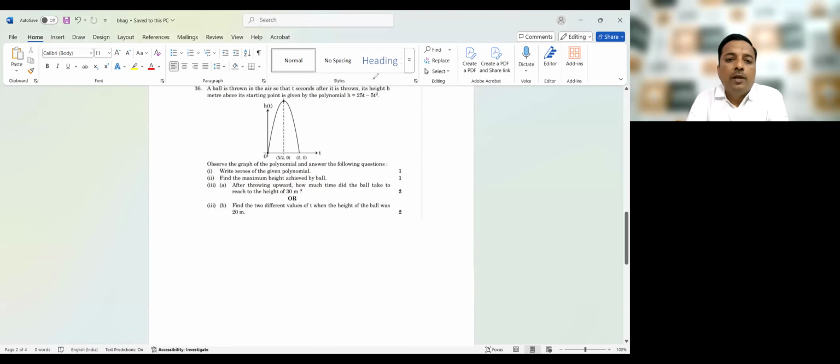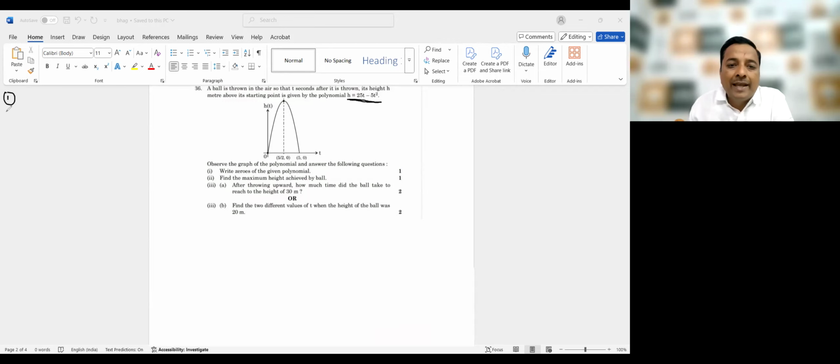See the question. A ball is thrown in the air so that t seconds after it is thrown, the height h meters above the starting point is given by the polynomial h is equal to, the given height. With the help of this formula, we have to find the height. Write down the zeros of the given polynomial. How to write zeros?